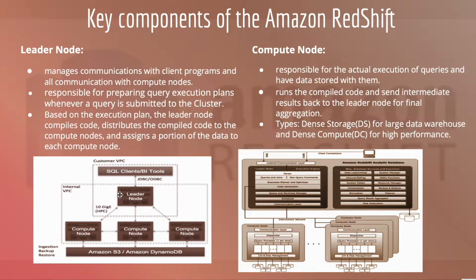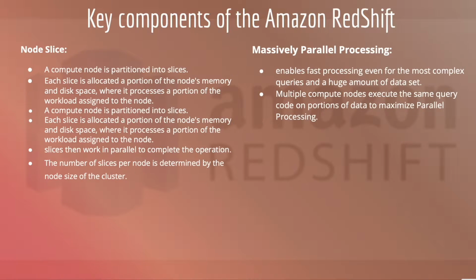All the compilation of code is done in this leader node. Now, the code that is compiled is then sent to the compute node, and the compute node is where the actual execution of the query happens. When it's run, it sends the result back to the leader node, and then the leader node can further process it and report back to the clients.